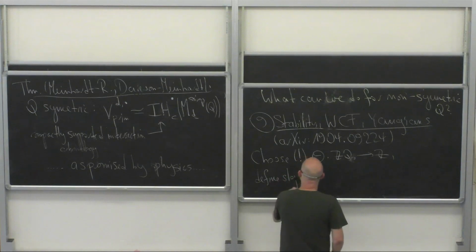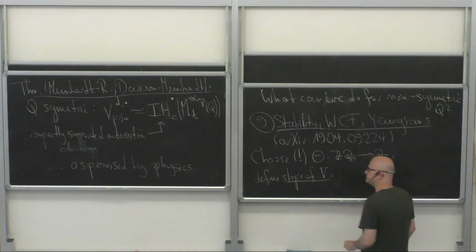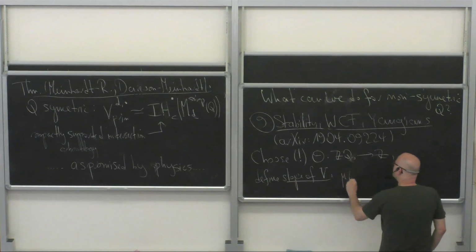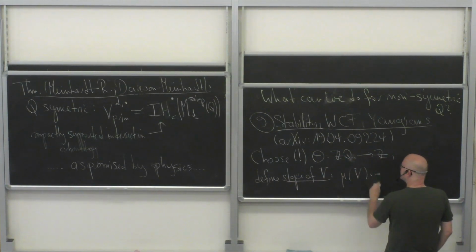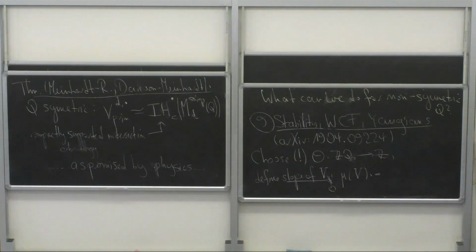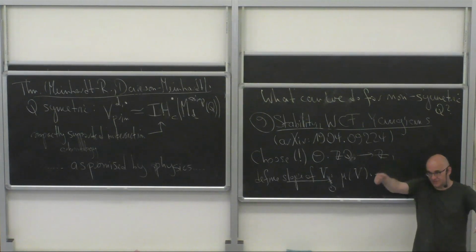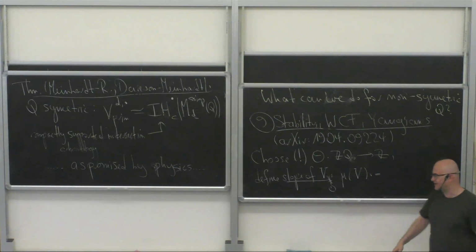Define the slope of a quiver representation V, mu of V, as follows. This representation should be non-zero. So V is now short for a collection of vector spaces and a collection of linear maps, a full-fledged quiver representation.